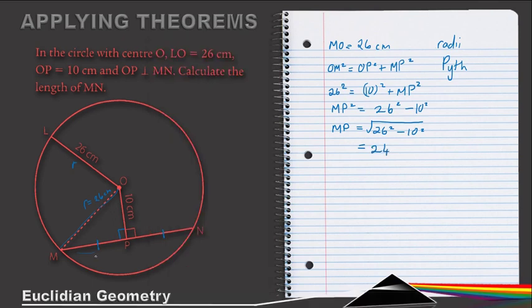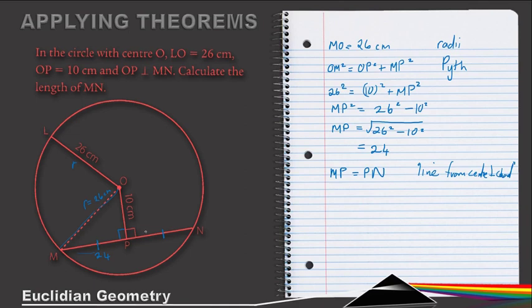Alright, so now since MP is 24, now we can say that MP is equal to PN. Our reason is line from the center perpendicular to the chord.